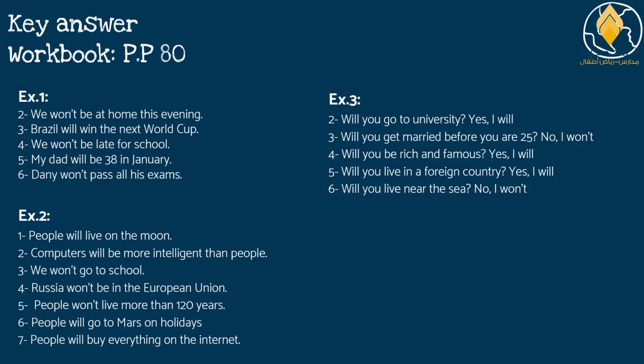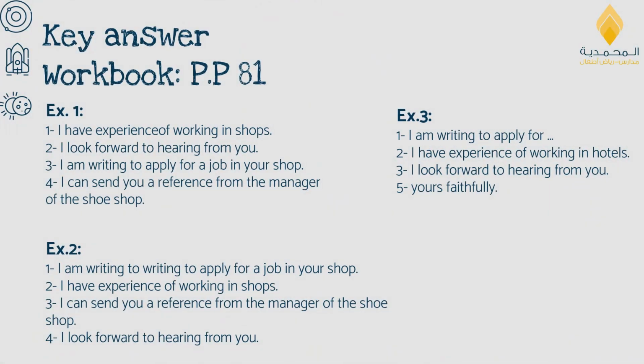These exercises are related to our grammar. The key answer for your workbook, page 81, exercise number 1, exercise 2, and exercise 3. Pay attention that exercise 3 is very important.